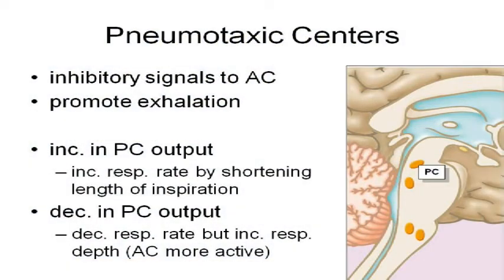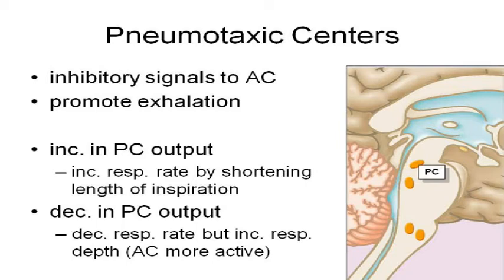So the AC, the Apneustic Center, promotes inhalation. The Pneumotaxic Center basically promotes exhalation because it inhibits inhalation, because it inhibits the Apneustic Center, and therefore not as many signals are getting sent to the dorsal respiratory group. So if signals come in and stimulate the Pneumotaxic Center, the Pneumotaxic Center says, all right, stop what you're doing.